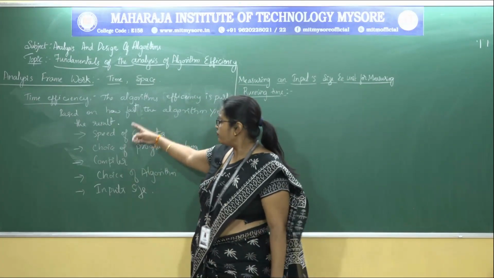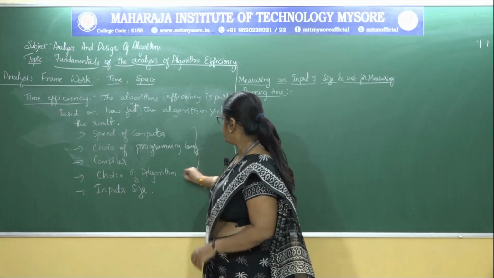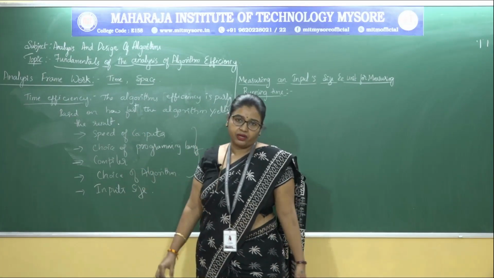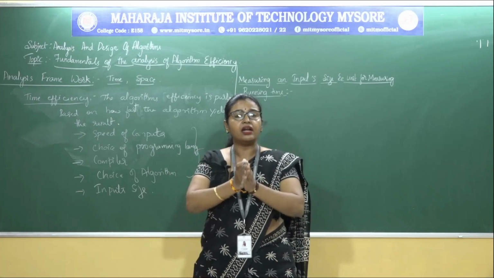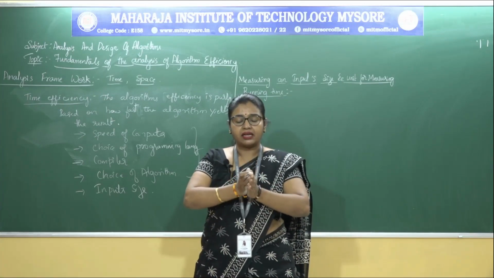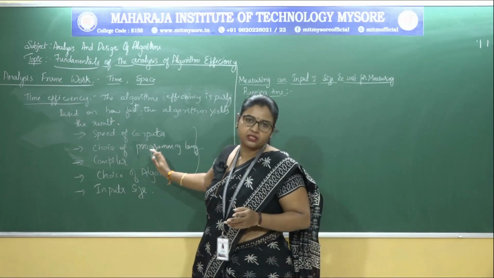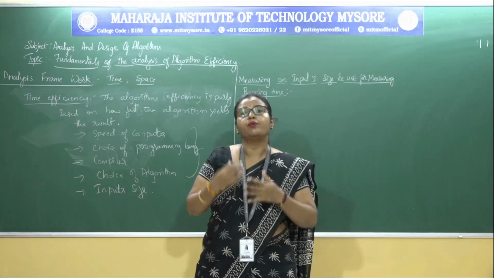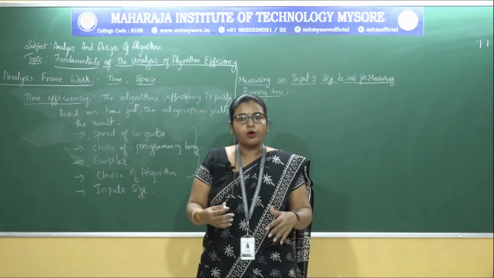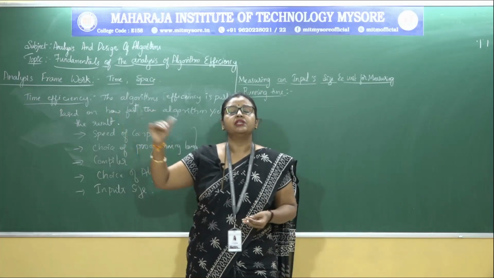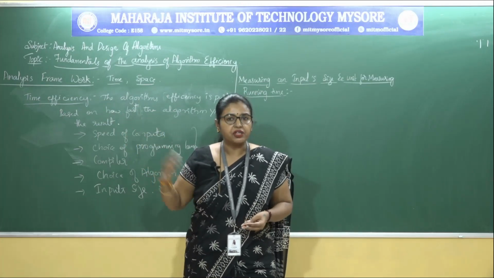But whatever I have listed here, these are machine dependent. That means whenever, as a developer, we are thinking, of course we need to think of this, but whenever we are solving a problem, we solve it according to our problem. We won't bother about what other person is using, what kind of machine he is using.